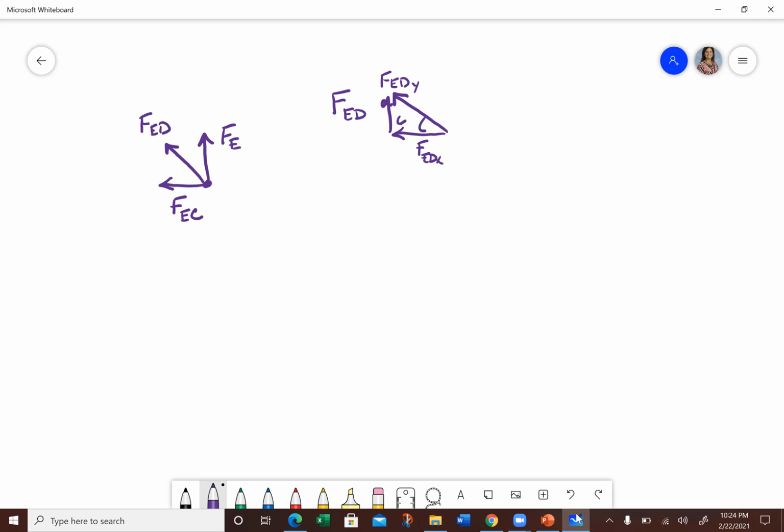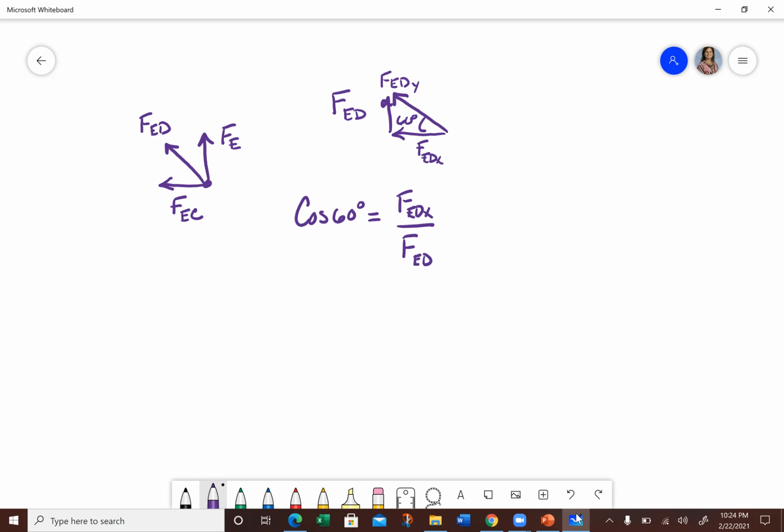If that's 60 degrees, then the cosine 60 degrees is equal to adjacent over hypotenuse, FEDX divided by FED.